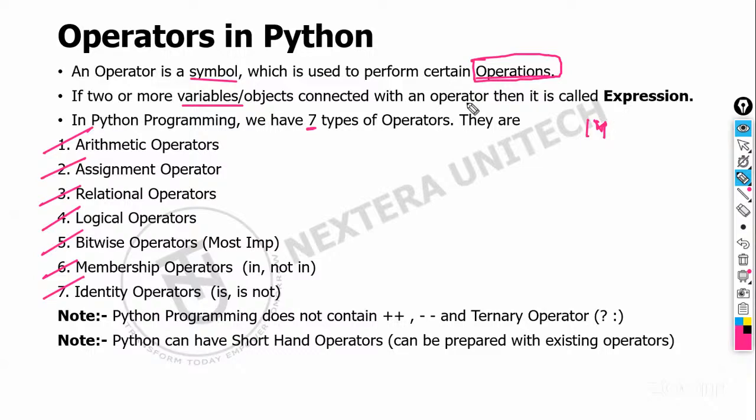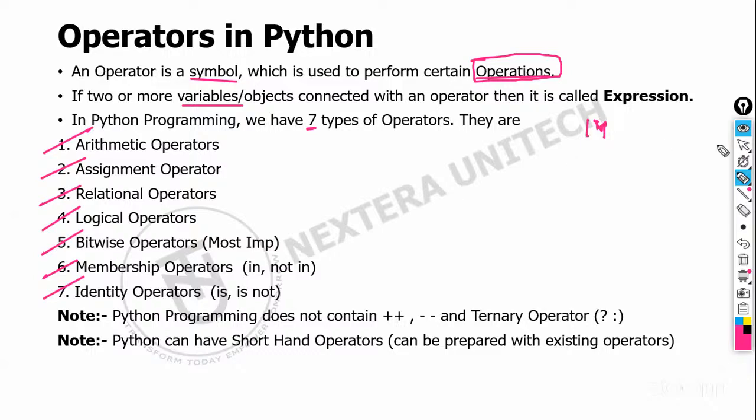When we use operators between two or more than two variables, it becomes an expression. Python does not support ternary operators. We can also have shorthand operators, and by using these same operators we'll be working on shorthand operators as well.